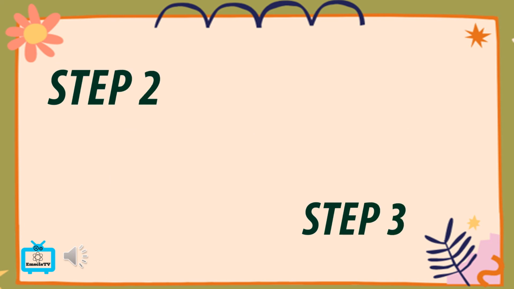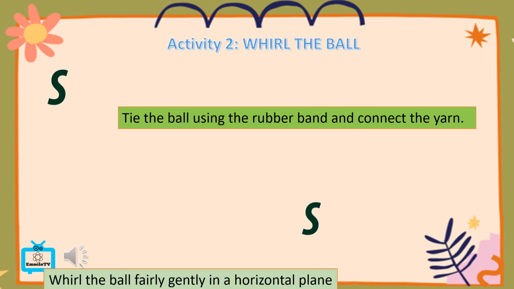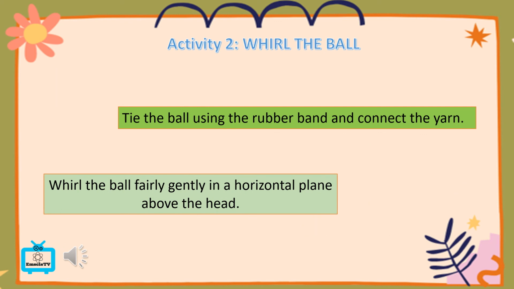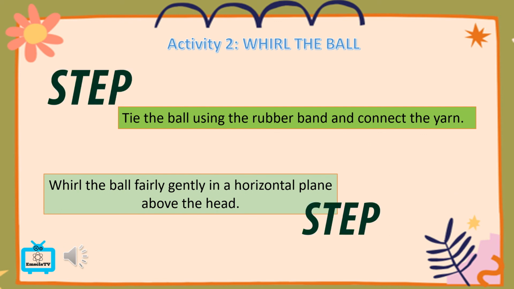Step 2. Tie the ball using the rubber band and connect the yarn. Step 3. Whirl the ball fairly and gently in a horizontal plane above your head. Be careful.